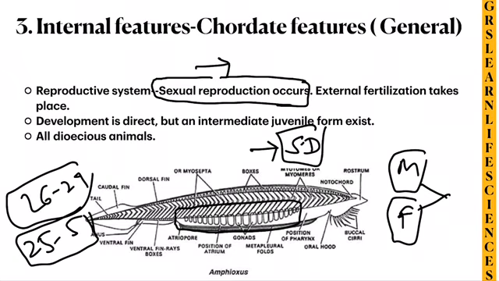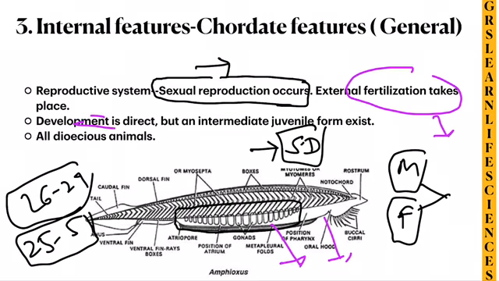They are around 26 to 27 pairs, and these gonads develop the gametes, and these gametes are released outside of the body. So external fertilization takes place. Once the gametes are released from the organisms, these gametes are fused in the ocean water. So external fertilization takes place.